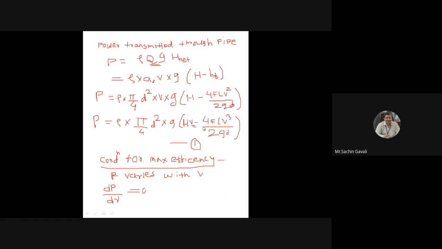One condition for that is that frictional head loss should be equal to one third of the head at inlet. The book terminology may be slightly different, but hf is H by 3 and the efficiency is 66.7 or 66%. Everybody understand this?